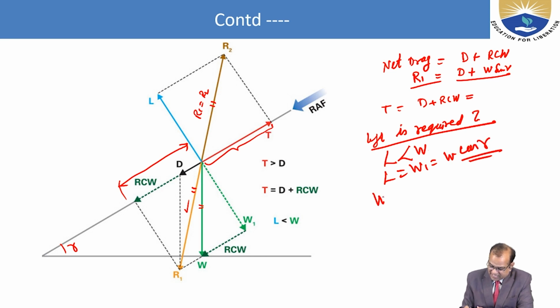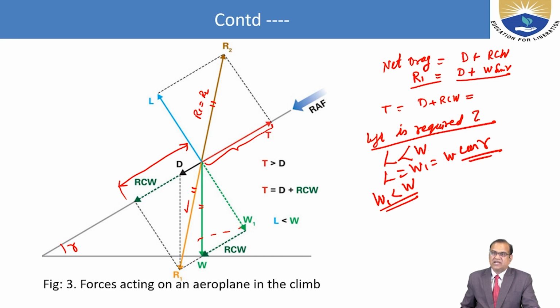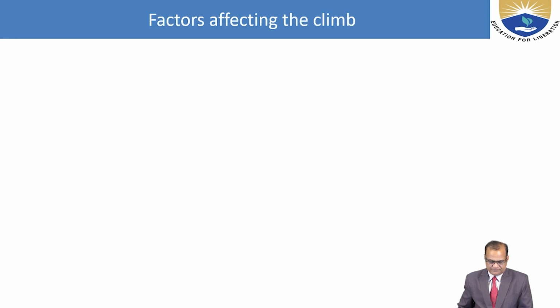This W1 is less than W. So for the climb condition, the lift of the aircraft is less than the weight, and W1 as shown is less than the actual weight W. This much variation exists. So here the forces acting on an aeroplane in the climb condition are shown.